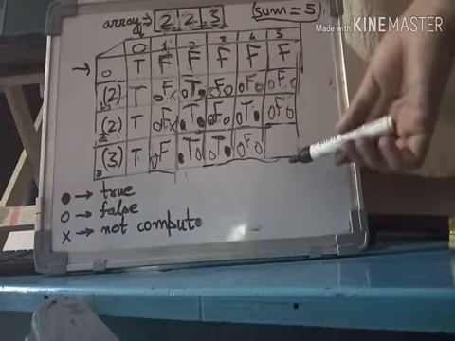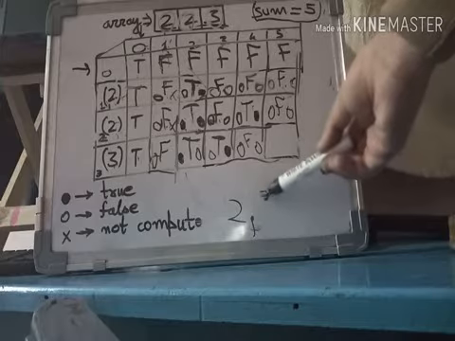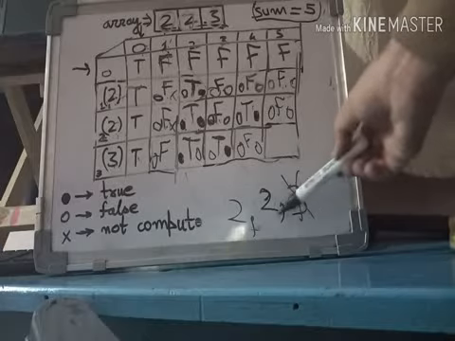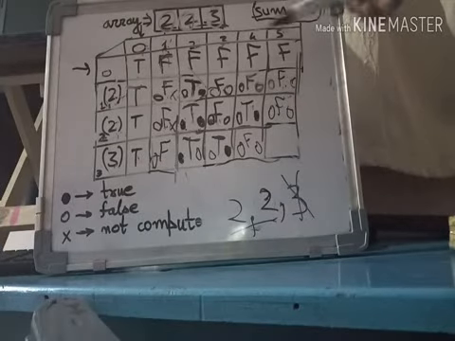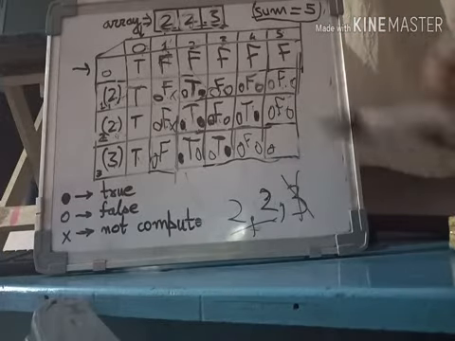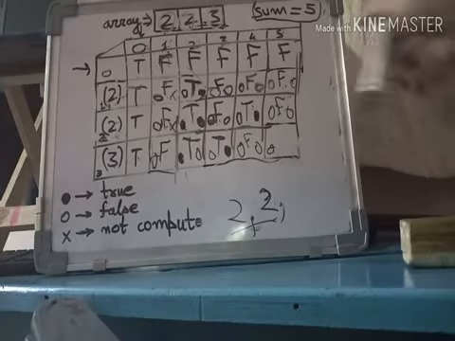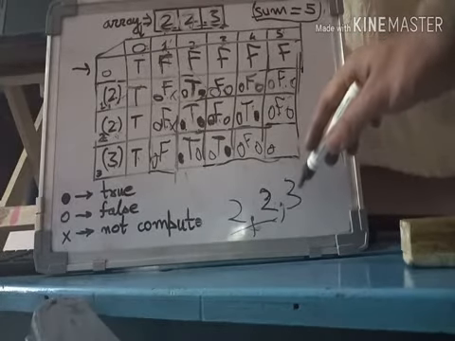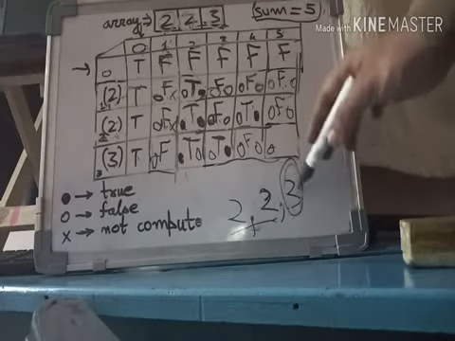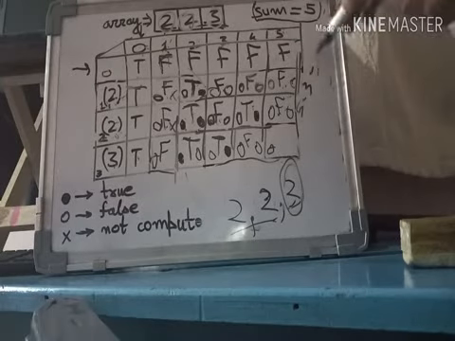Now the last cell. If I do not include 3 in my subarray, would the remaining elements be able to give me a sum of 5? I can check. No, it's already pre-computed. No, right. And if I'm including 3, then I'll be covering the sum 3 from 5. 5 minus 3, the remaining sum becomes 2.